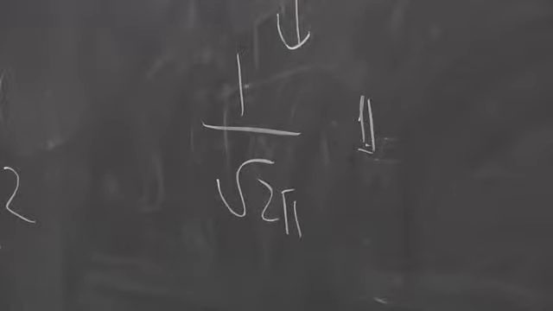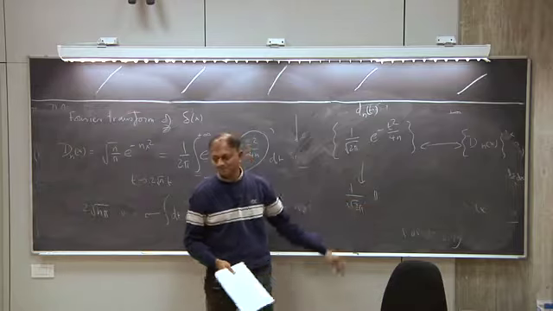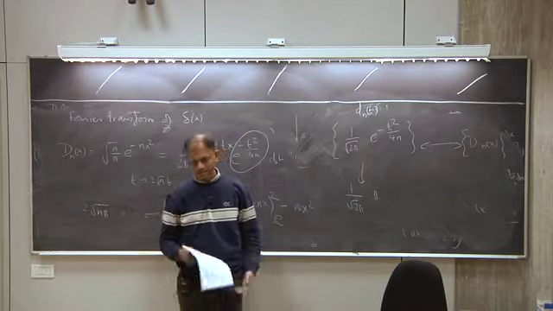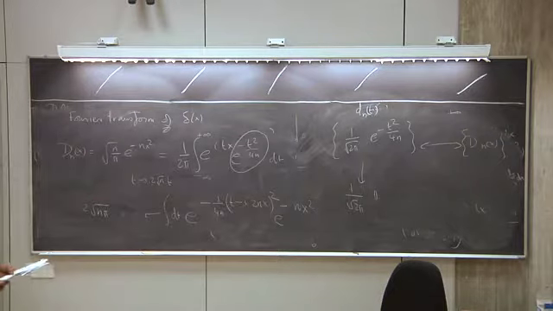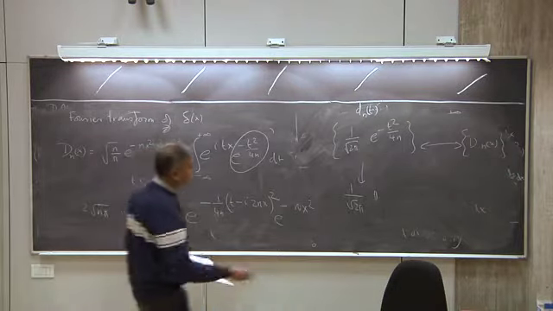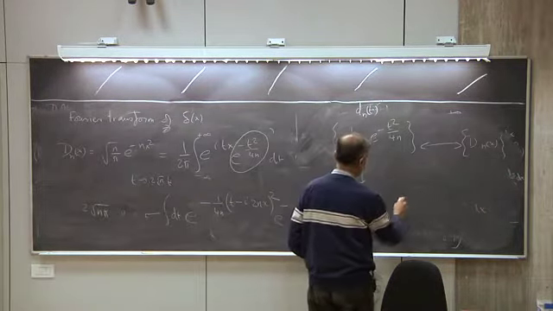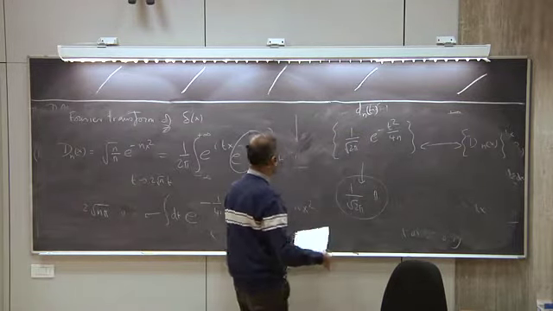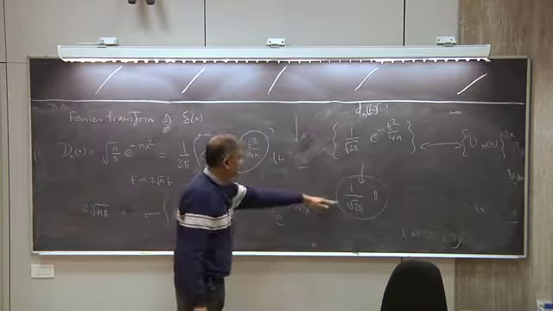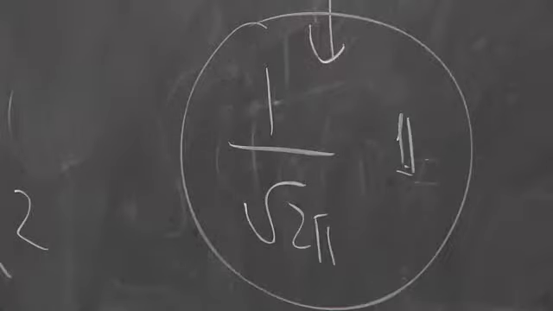So the Fourier transform of the delta function is simply some constant. And the inversion formula simply gives you, after all, this is a generalized function. What we are saying is that this is the Fourier transform of the delta function.